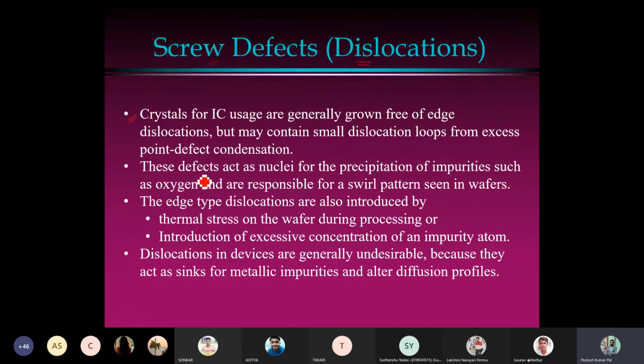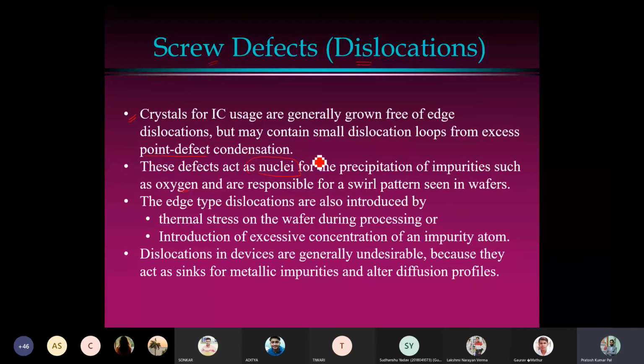So these point defects present in the crystal can act as nuclei. While obtaining the single crystal silicon, we have seen that by using the CZ and FZ methods, there were some impurities added to the process, like oxygen impurities.